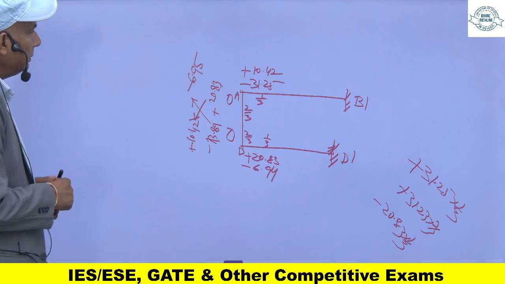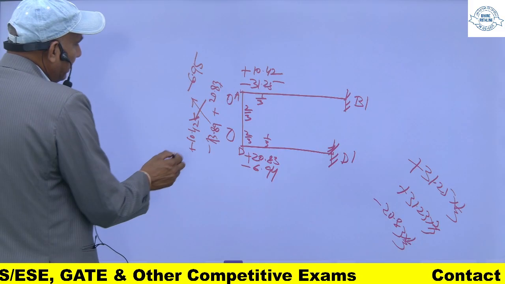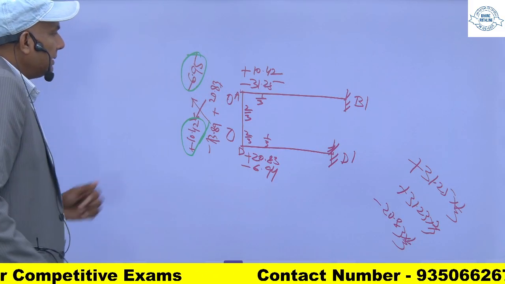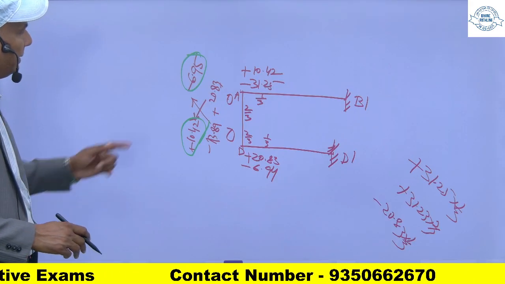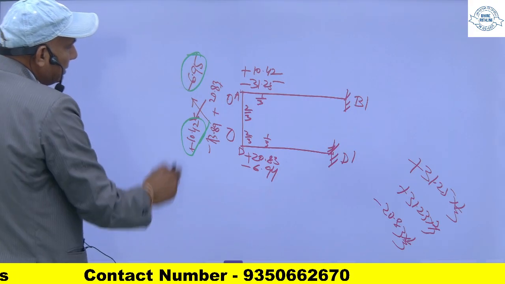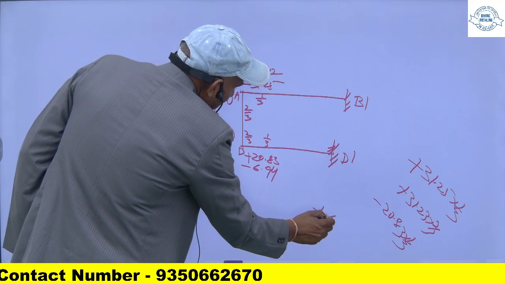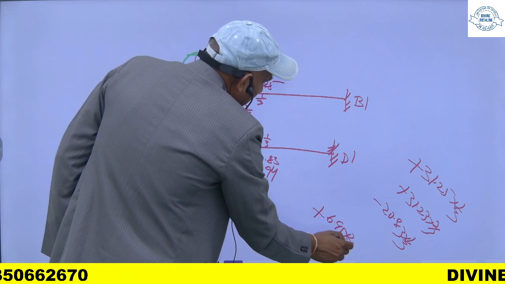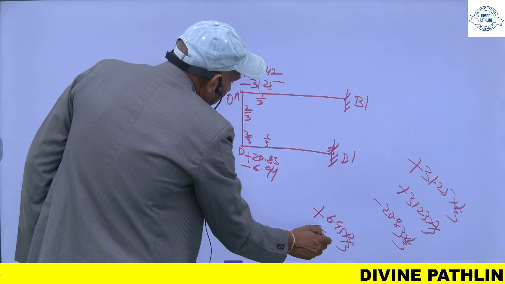Now this moment is the carried over moment. So this is extra now. I will balance this. I will apply a plus 6.95 multiplied by 2 by 3, and then 6.95 into 1 by 3.